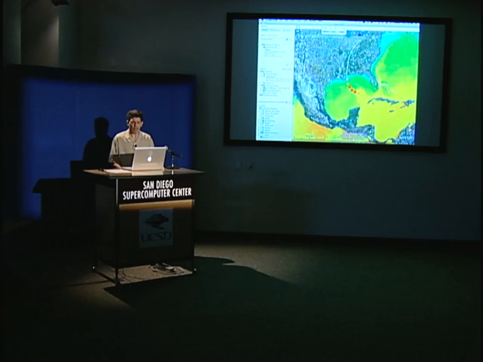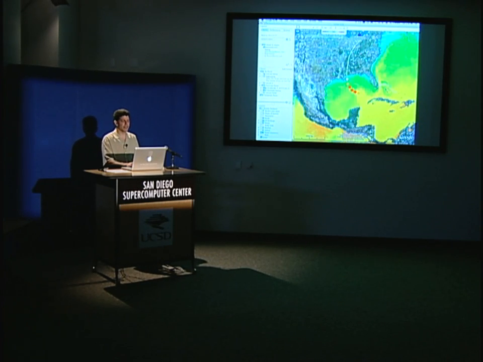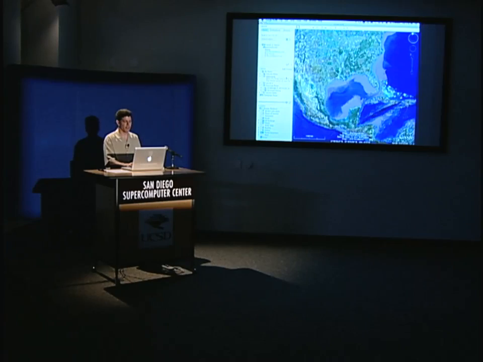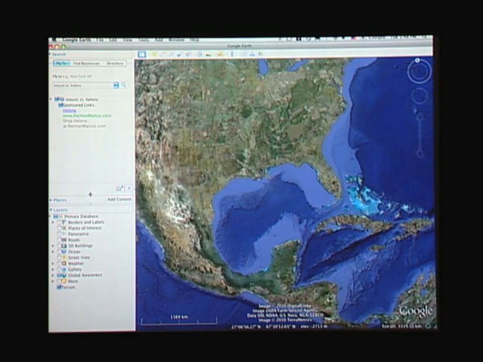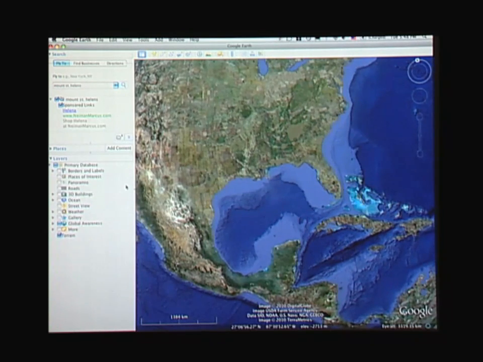Okay? Now, let me just turn these off so that we don't get too much stuff on the screen. And what I'd like to demonstrate a little bit now is, let's say we're looking right at this Gulf of Mexico area, and we take a look at some of the stuff that's in the layers area. So we've got all of these particular layers right in here.